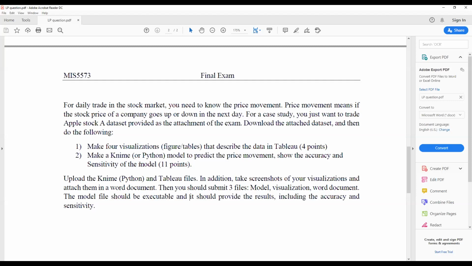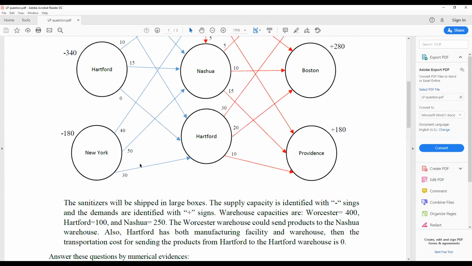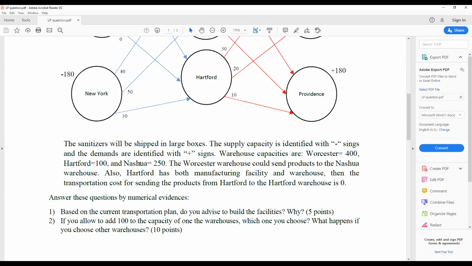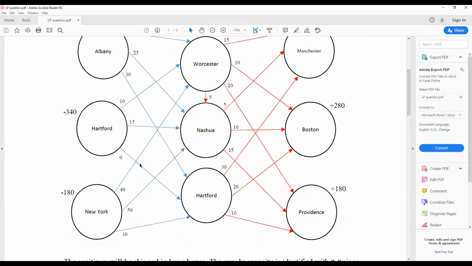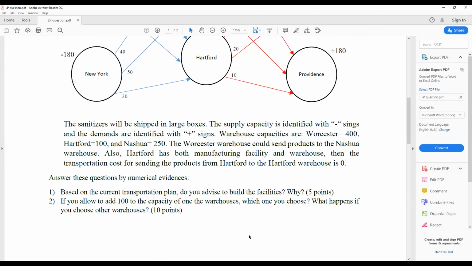For the first part of this final exam, you need to upload your Excel file or Lingo file, and you need to write a little bit of explanation. For part one, the explanation is not long, maybe just one or two sentences, but for part two, you need to explain a little bit about the plan and your proposal.